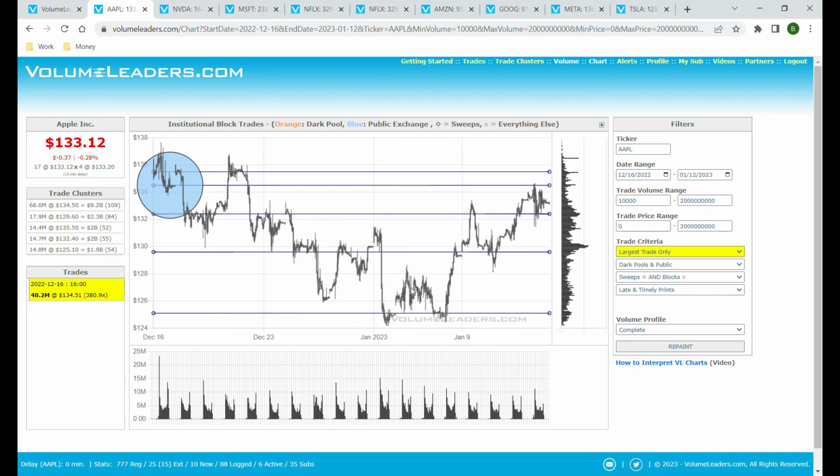We've got a small bump, retrace, larger, and then this ends almost exactly on that 134.50 line. Looks like it poked just a hair above, and then it failed.